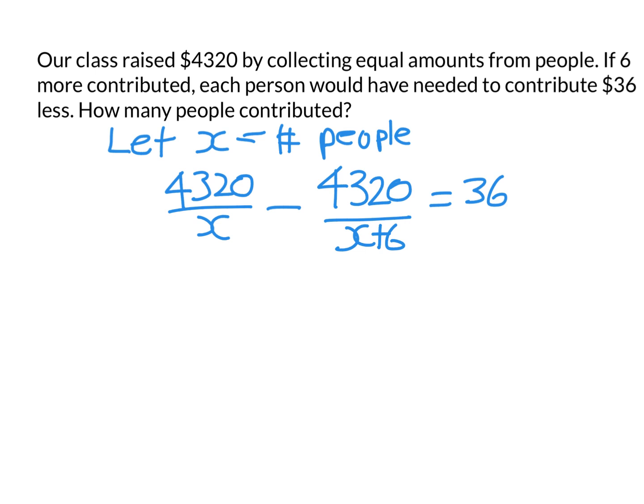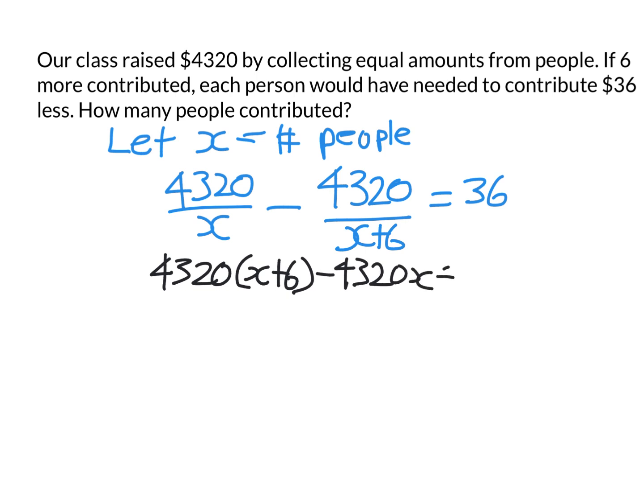So to solve this equation, I need to get rid of the fractions first. So I'm going to multiply each side by x lots of x plus 6. On the left-hand side, I get this, and on the right-hand side, I need to multiply by x and then by x plus 6.